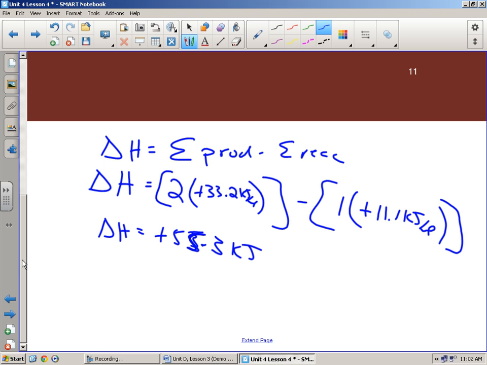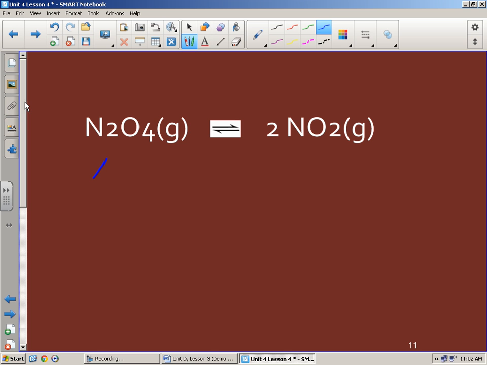This is a positive 55.3, and I just finished telling you that this was the products here, and this is the reactants. Of course, guys, when we read this equation, yes, it's an equilibrium, it goes both ways, but we read it left to right. So going this way, that's my products, that's my reactants. I would say right here delta H is a positive 55.3 kilojoules, and I want you guys to write that in there, please, at the end.